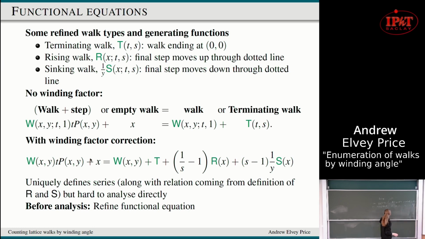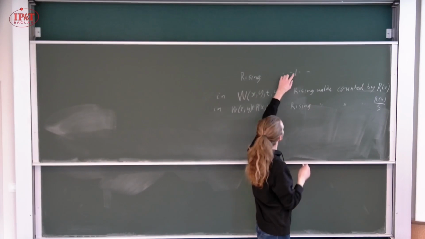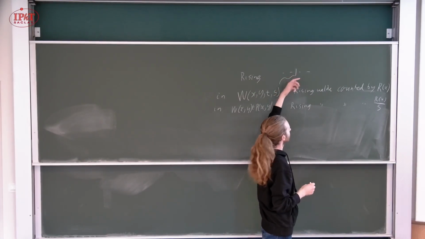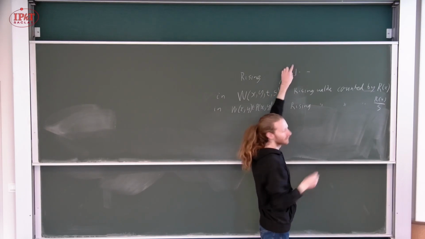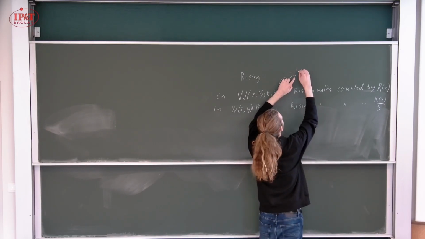The reason being that when we pass through this line, we multiply by S, right?